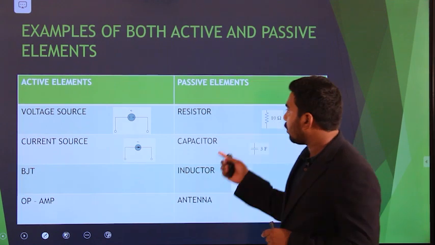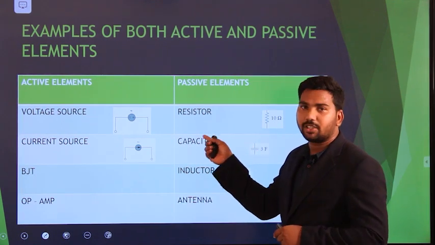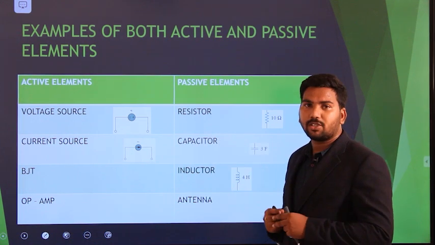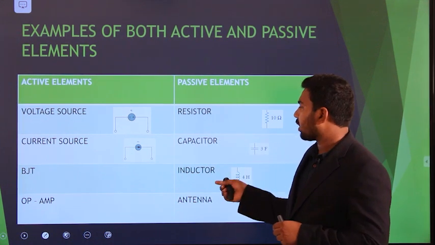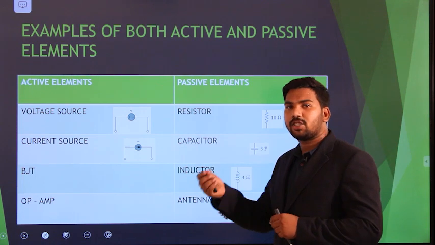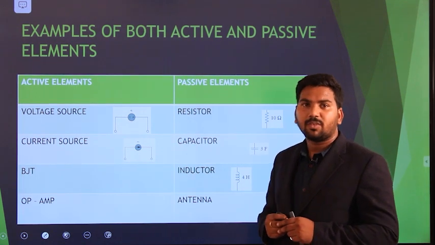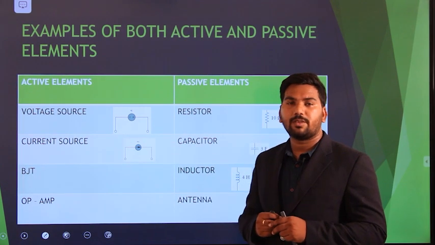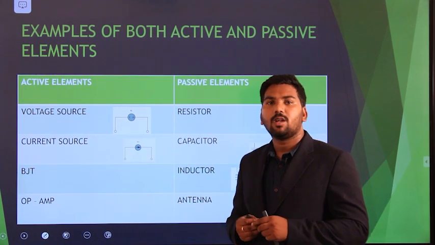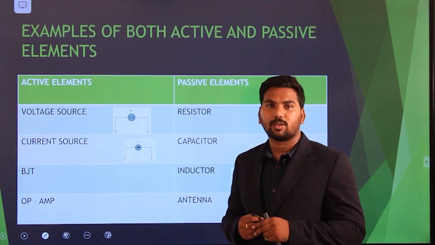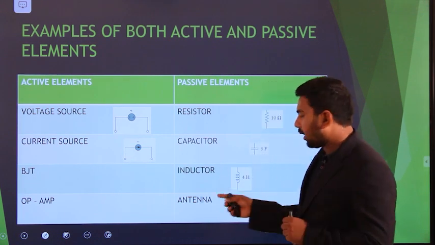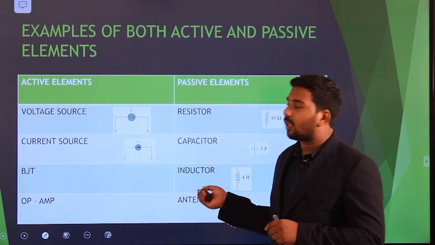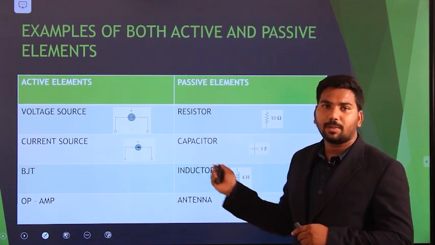Now what about passive elements? Passive elements are resistor, inductor and capacitor. Resistor always dissipates energy in the form of heat. Inductor and capacitor, when they have initial energy, will deliver energy to the circuit for a very small duration, maybe in micro to milliseconds. And antenna is also a passive element. So this is a list of examples for both active and passive elements.